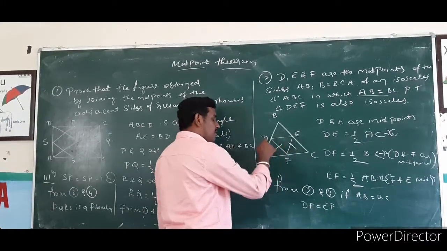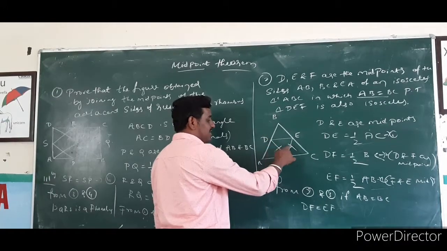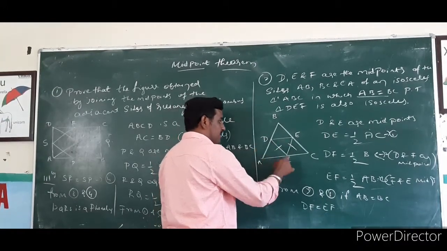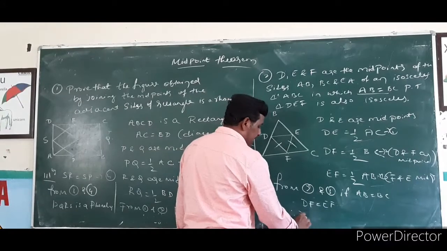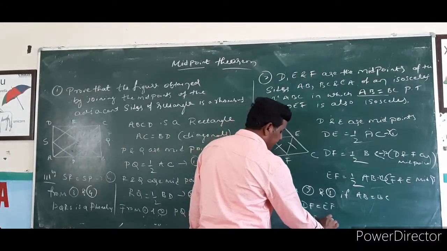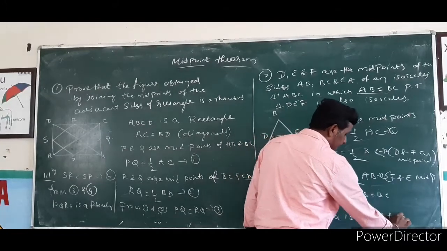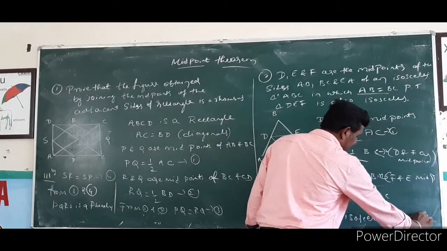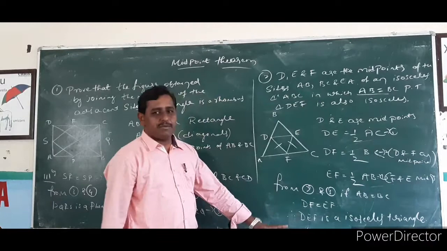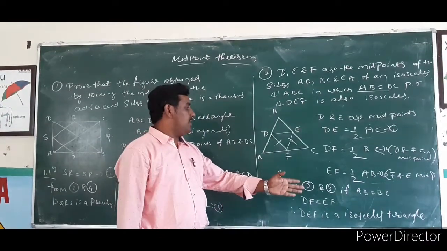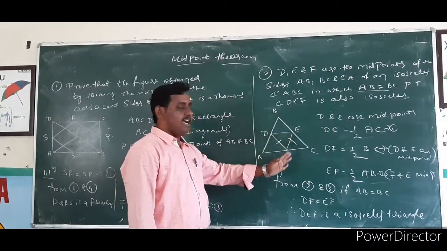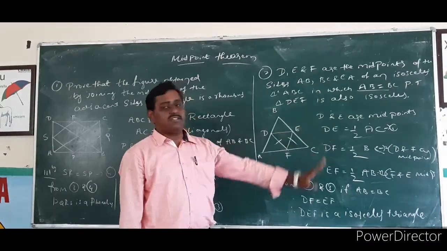So in the midpoint-joining triangle, two sides are equal. Therefore DEF is an isosceles triangle. Like that, using the midpoint theorem, we can show that joining the midpoints of an isosceles triangle gives an isosceles triangle.